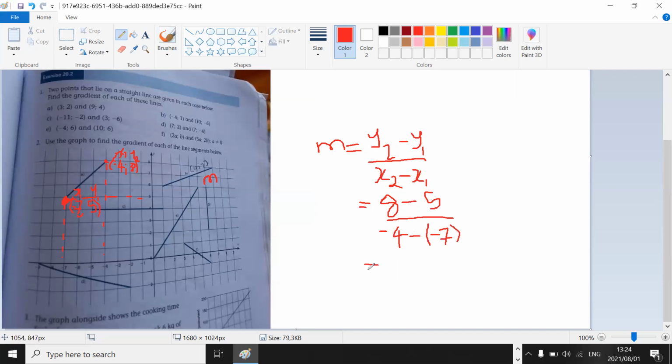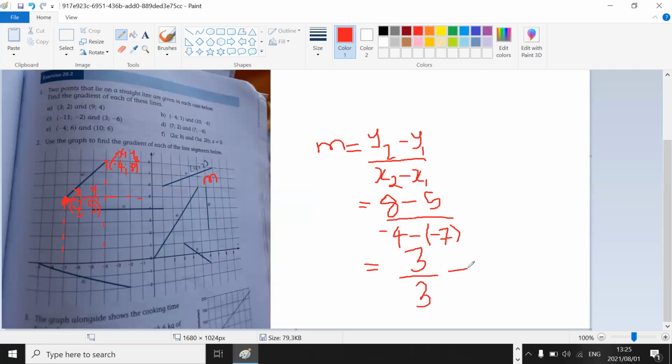Then what is left is for us to simplify. You see why I put the brackets here? Yes, you must know that we're going to have the brackets because of the two negatives. So here we're going to have 8 minus 5, which is 3, and then divided by -4 plus 7. It will be plus because negative times negative is positive. -4 plus 7 will give us a positive 3.